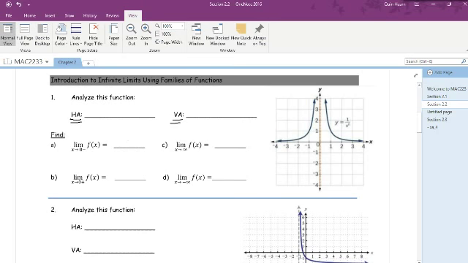And by the way, you might recall that horizontal lines always are of the form y equal to a number. So in this case, it would be y equals what? So we're looking for a line that's horizontal that the graph of the function gets very, very close to. Good, the horizontal asymptote is y equals 0.